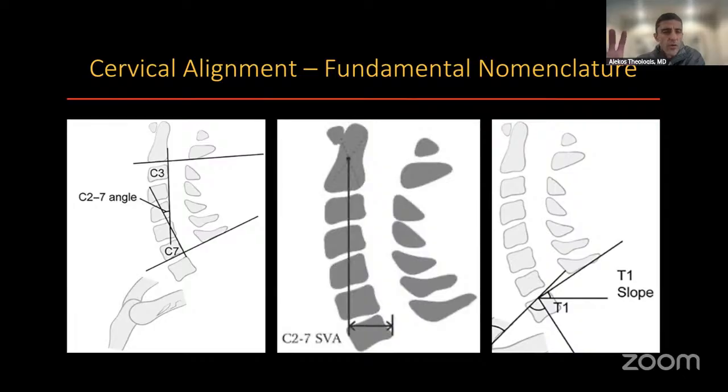Something over about 4 centimeters is considered abnormal and increases disability. And then on the far right, the T1 slope is drawn from the superior end plate of S1, and the angle that is created with the horizontal is the T1 slope.